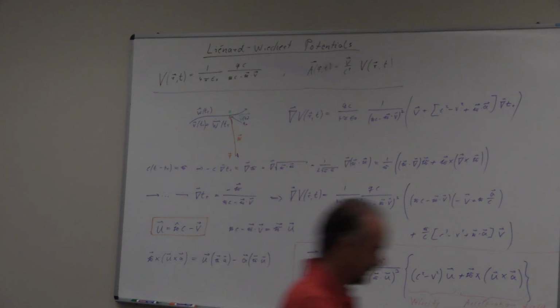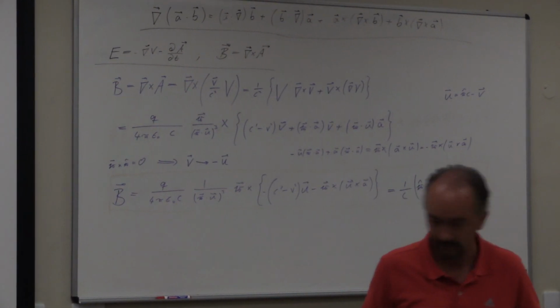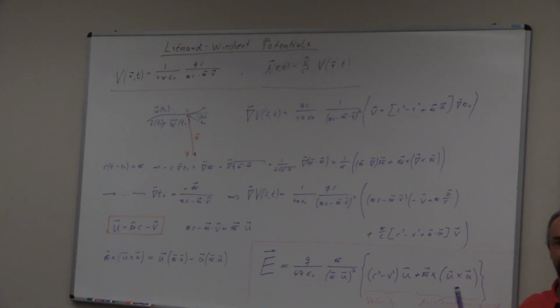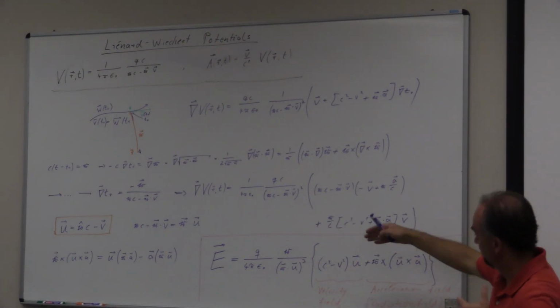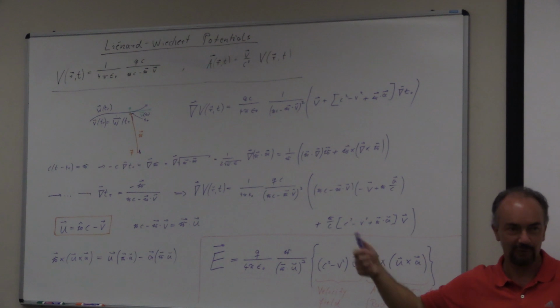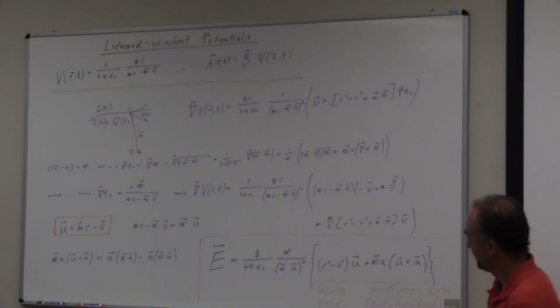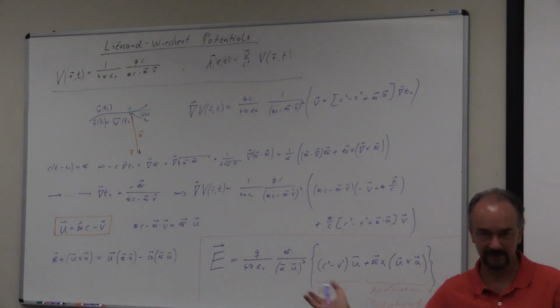So let's look at these expressions a little bit and figure out in what directions the fields are pointing. Let us assume that we have a particle that is moving. So we talk about the fields from charges. This is now becoming really important if you want to go into radiation, if you want to do astrophysics. This is essentially the fundamental thing with which everything starts in the radiation field.